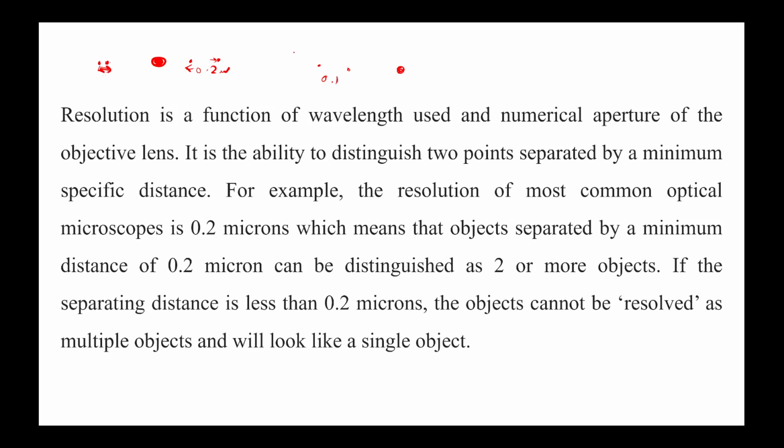So you must have heard about the term resolution in terms of photographs also. We generally take pictures and we see the resolution is not good. If we are watching a movie, we sometimes say the resolution is not good. We can see blurred images. That blurred image is basically because we are not able to distinguish between two different points.